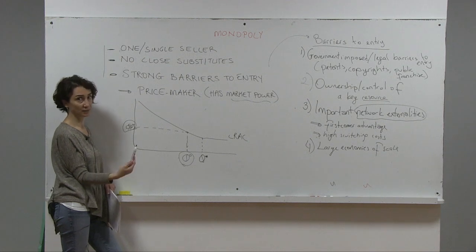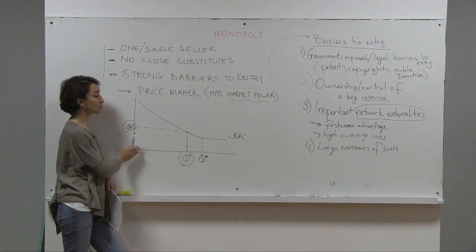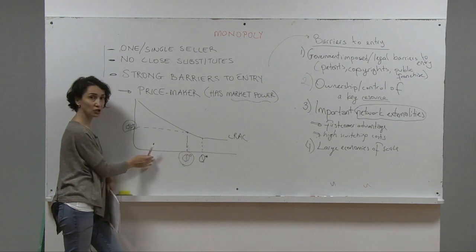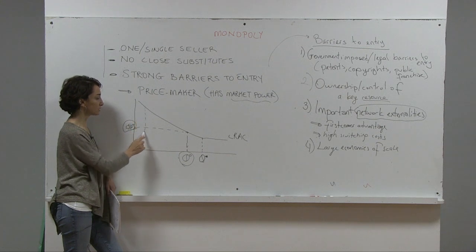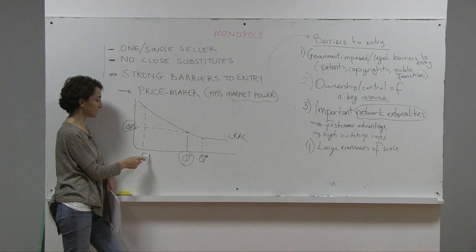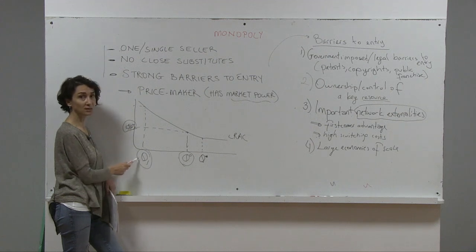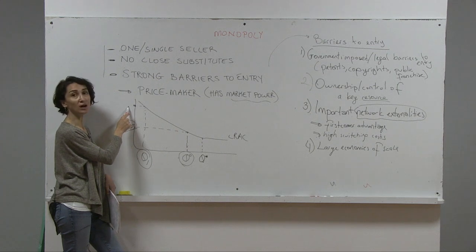Now, let's say this company is making a lot of profit, and other firms see it and decide to enter. Here is the problem. Whenever you enter a sector, there is already a huge market share captured by this firm, so you need to start small. If you are this new company producing this little amount, the average cost would be really high.